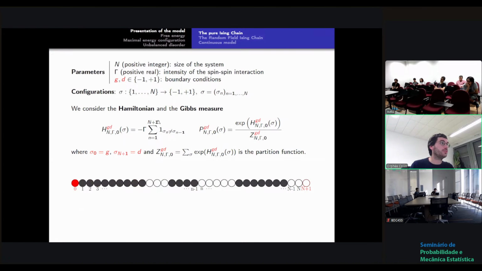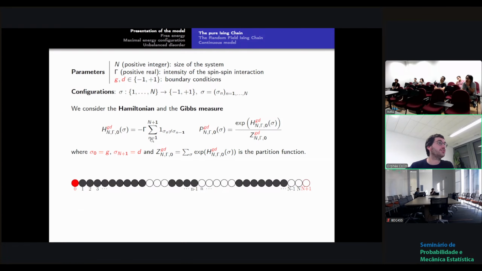It simply counts the number of spin switches along the chain and multiplies by minus gamma. Then if you take the exponential and renormalize, you can understand this as the fact that the Hamiltonian penalizes every spin switch in the system by a factor exponential minus gamma.